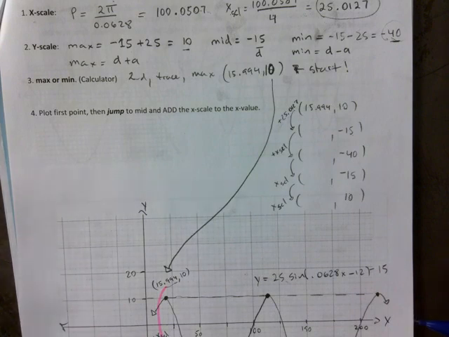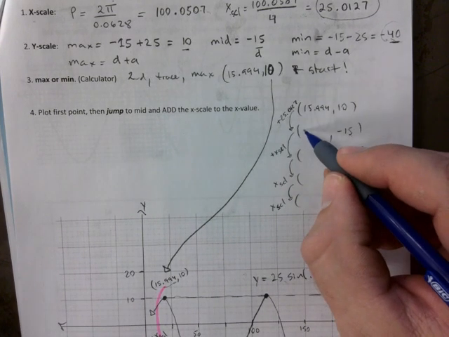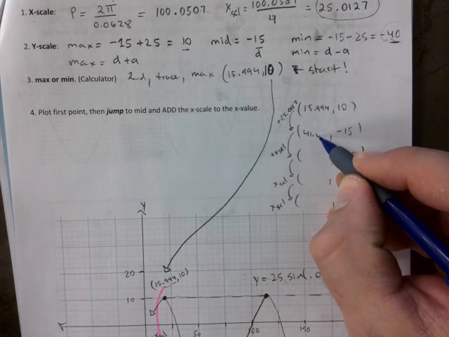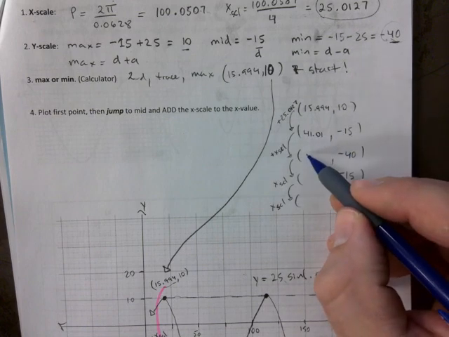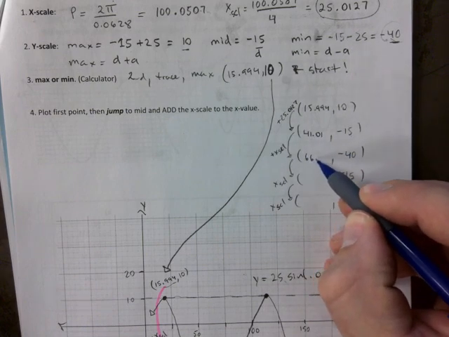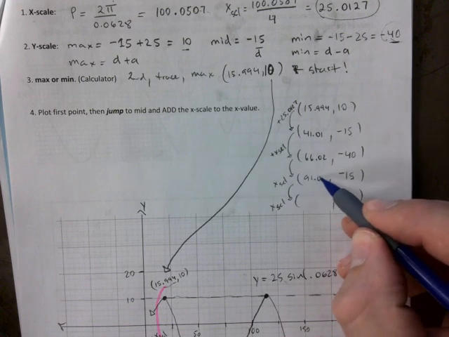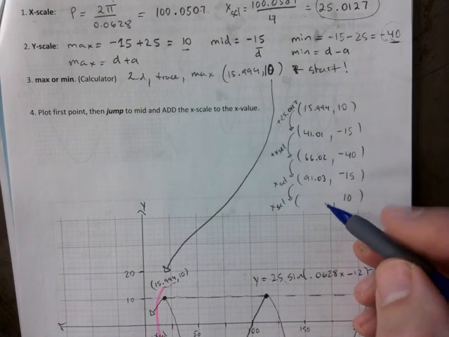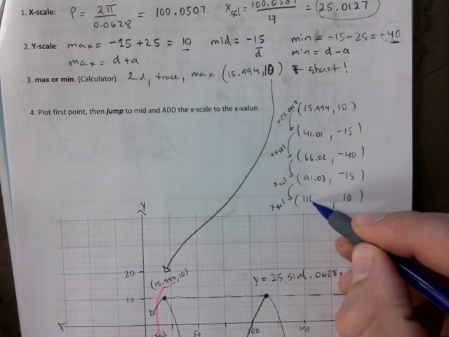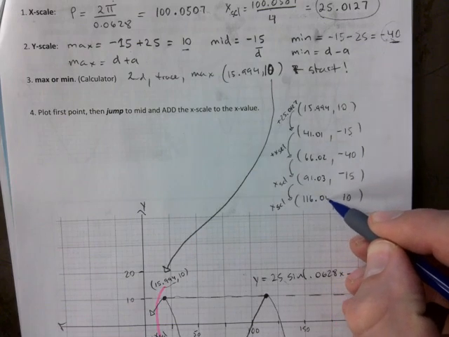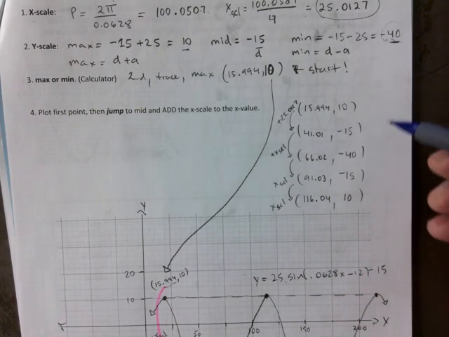So I can give you these points real quick because I have them on my history here. What I'm going to ask you to do though is, on your calculator, use all the decimals, okay? This is one cycle.